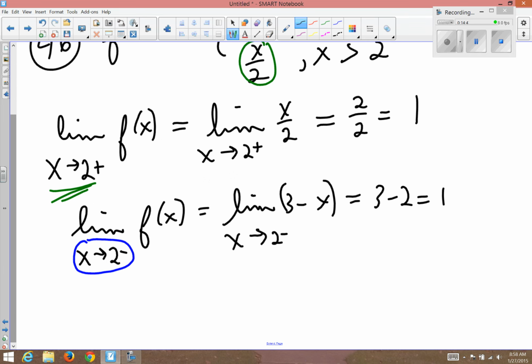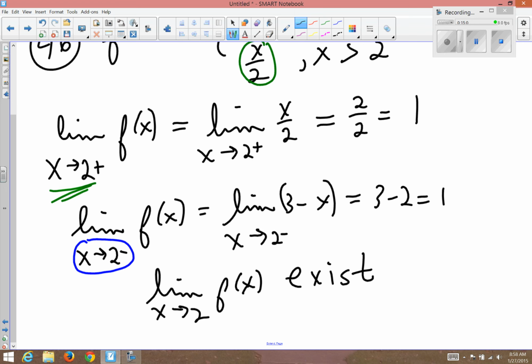Then part C says, does the limit of f of x as x approaches 2 exist? So we're going to say the limit of f of x as x approaches 2 exists simply because these answers were the same.